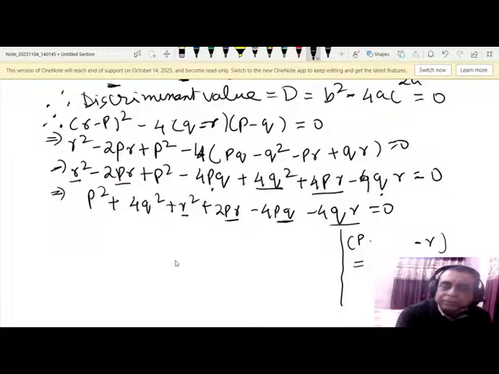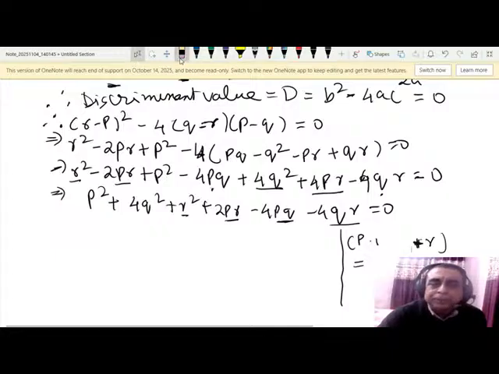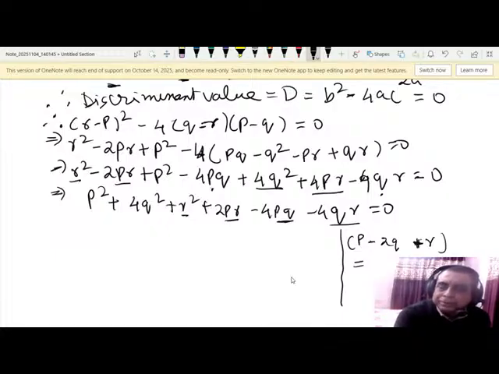And 4q squared, square root is 2q. The middle term q you will put negative, the opposite sign, because p and r should be of the same sign. Then only you will get the product as plus. So (p minus 2q plus r) whole square.